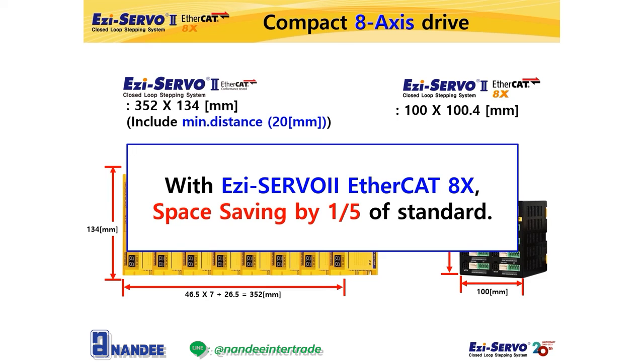And the power cables are also reduced from 8 cables to a control power cable and a motor power cable, which means less and simpler wiring and cost reduction. For example, if you apply the 8-axis drive to a cantilever robot or an articulated robot, you can greatly reduce space, wiring, and cost. I have introduced Easy Servo 2 EtherCAT 8X until now.